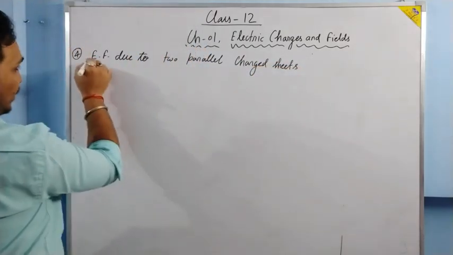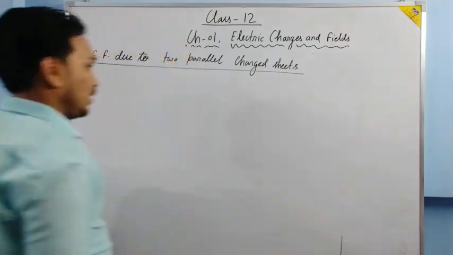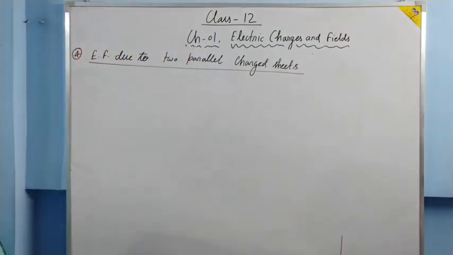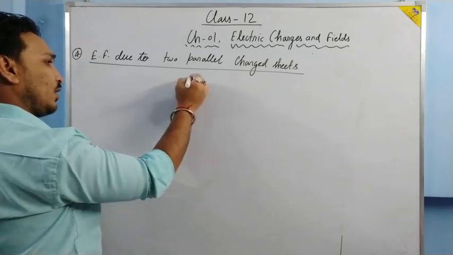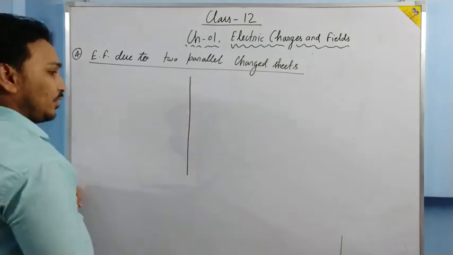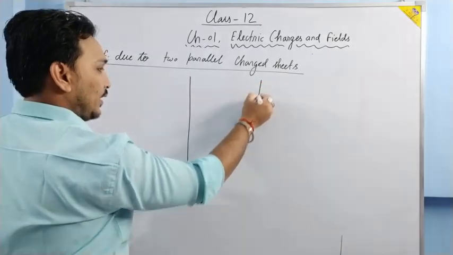If two parallel sheets are there, then what is the electric field in the regions? Now just suppose this is the first sheet and this is the second one.